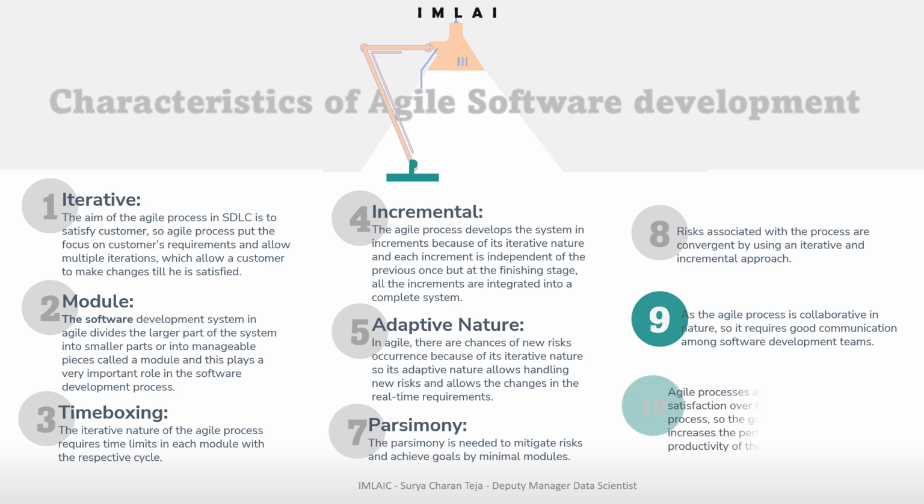And the final one, agile processes prioritize customer satisfaction over technology and process. So a good development team increases the performance and productivity of the projects. These are the characteristics of agile software development.